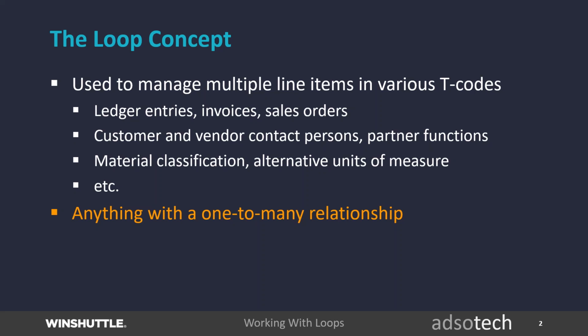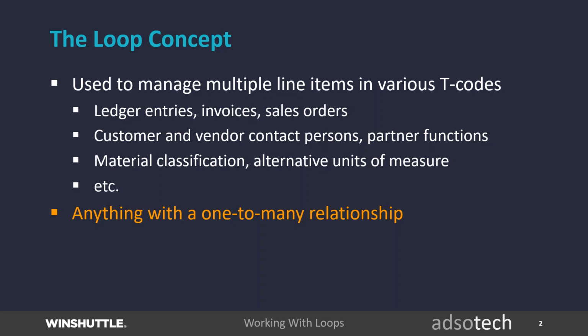One order might have 5 items, another one might have 500 items. So it's a dynamically changing number, but there's always this one-to-many relationship. And this applies to all of the examples above. For instance, one vendor can have multiple contact persons, or one material can have multiple different classifications, and so on. So that's the idea.